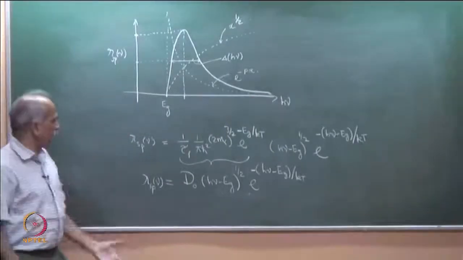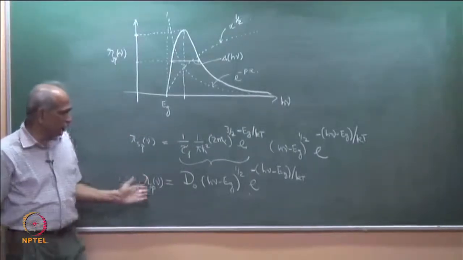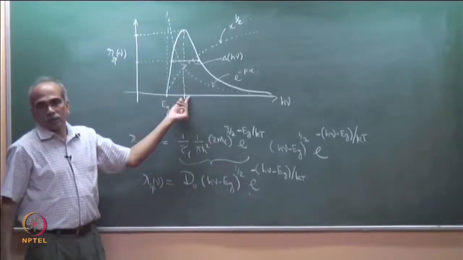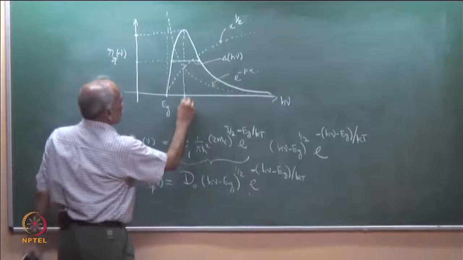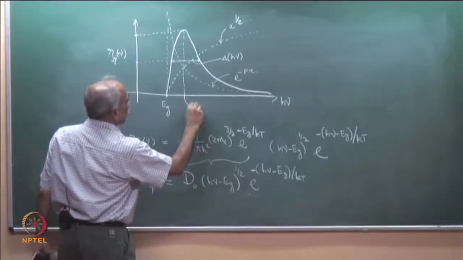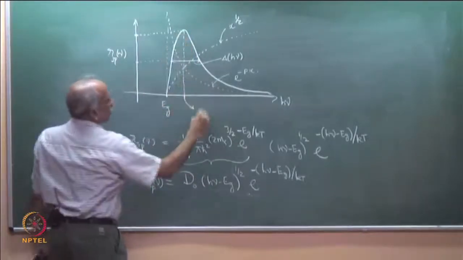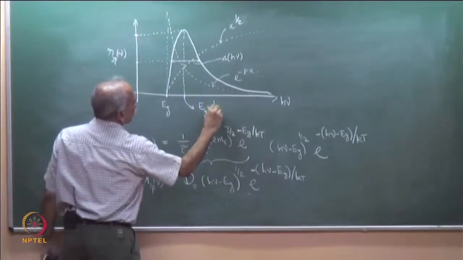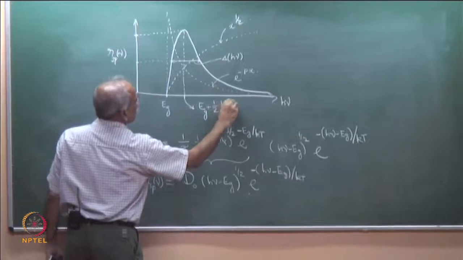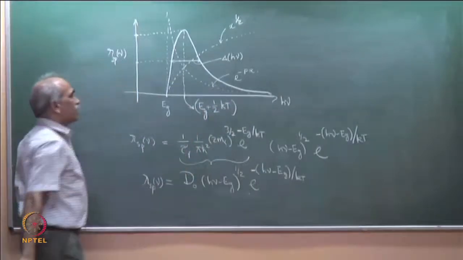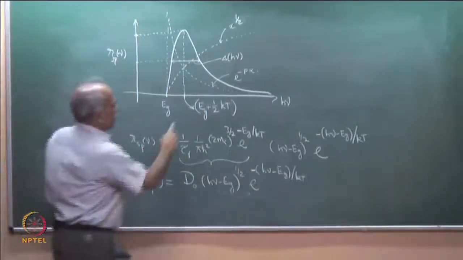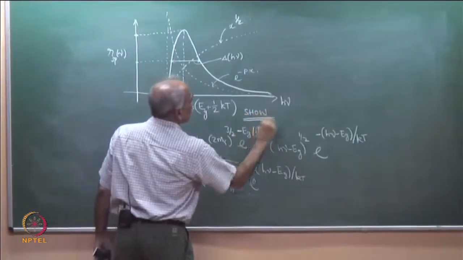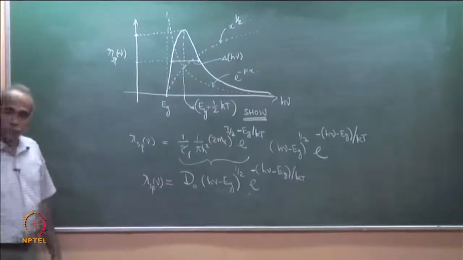You differentiate this function with respect to h nu and find out where the maxima is. So, please do this as an exercise and see where you get this maxima. This maxima corresponds to E g plus half k T. Please show that the maxima appears at E g plus half k T. Do this as an exercise.